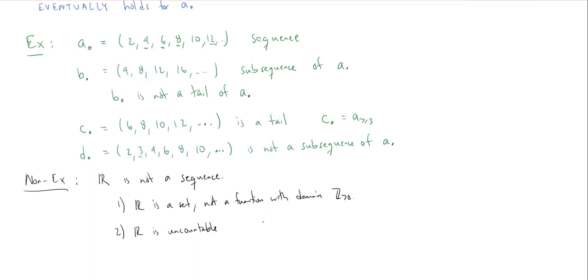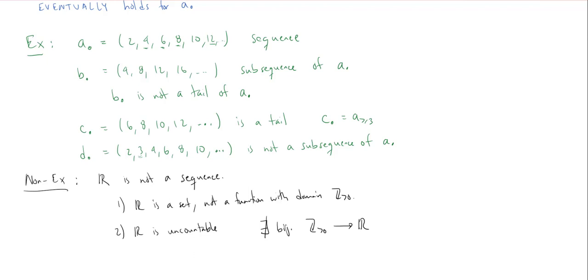So there does not exist a bijection from the positive integers to the real numbers, which means you can't view the real numbers as some ordered list with the positive integers as our domain. So real numbers are a good example of something which is not going to be a sequence. In fact, anything uncountable, you're not going to be able to write down as a sequence.